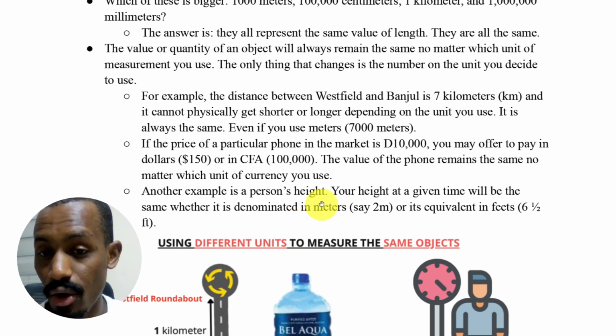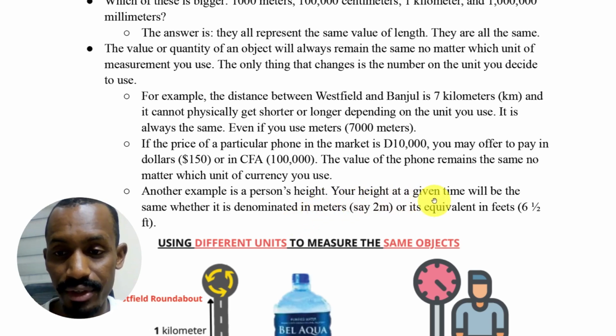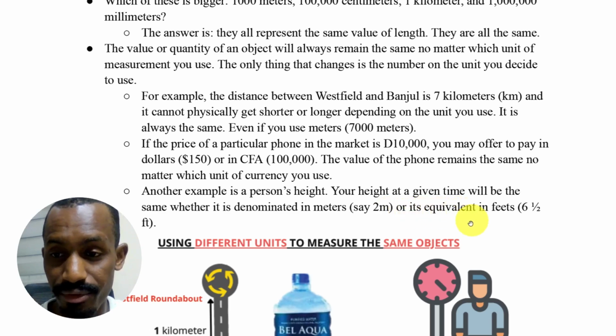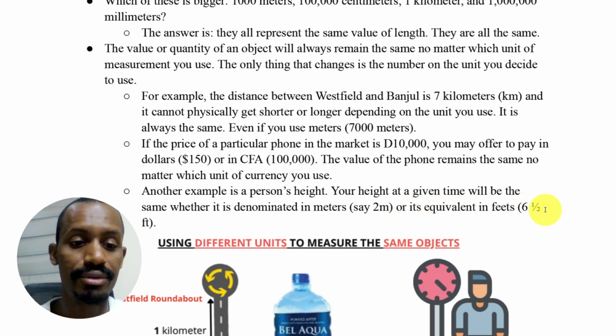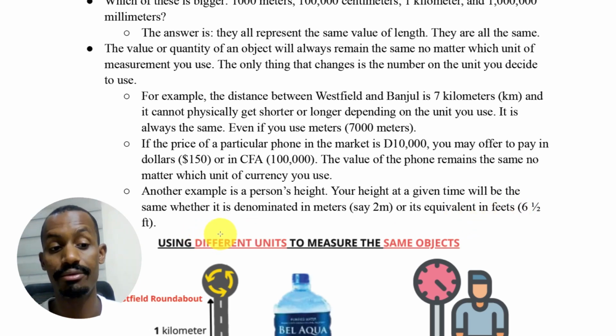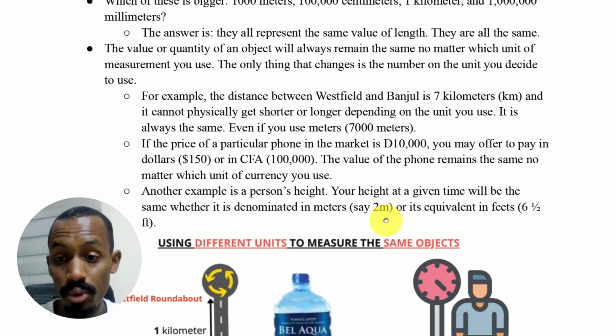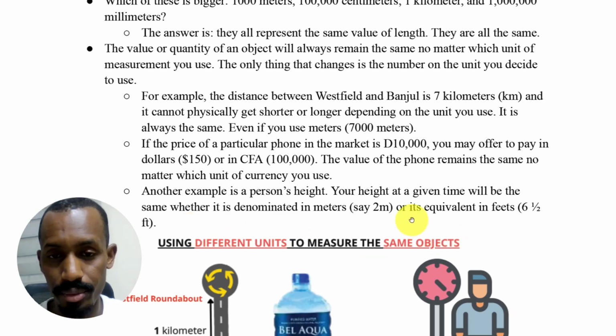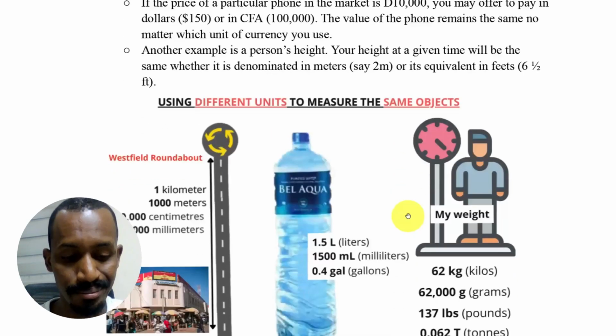Your height at a given time will be the same whether it is denominated in meters, for example 2 meters, or in the equivalent in feet, 6.5 feet. 2 meters is like 6.5 feet. If I say I'm 6.5 feet, it doesn't make me taller, as if 2 is one thing and 6 is bigger. No, it's all the same. It's just that they are denominated in different units.